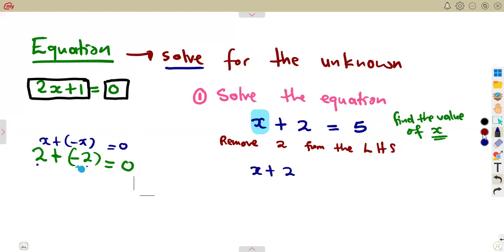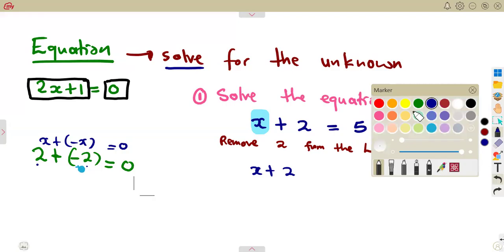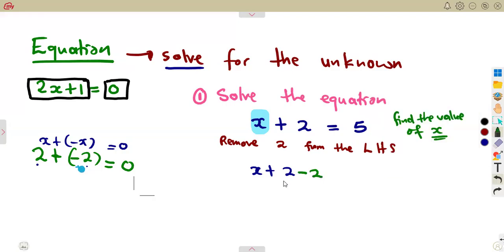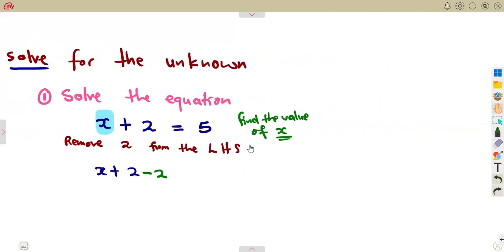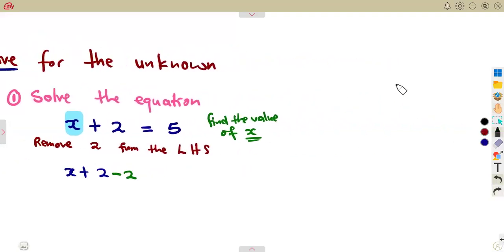Then we want to remove this 2. To remove it, we subtract 2. 2 minus 2 is 0. So we've got a 0 there. But this is an equation. Take it as a balance scale. If you put a scale to balance, you must have two things of equal mass.